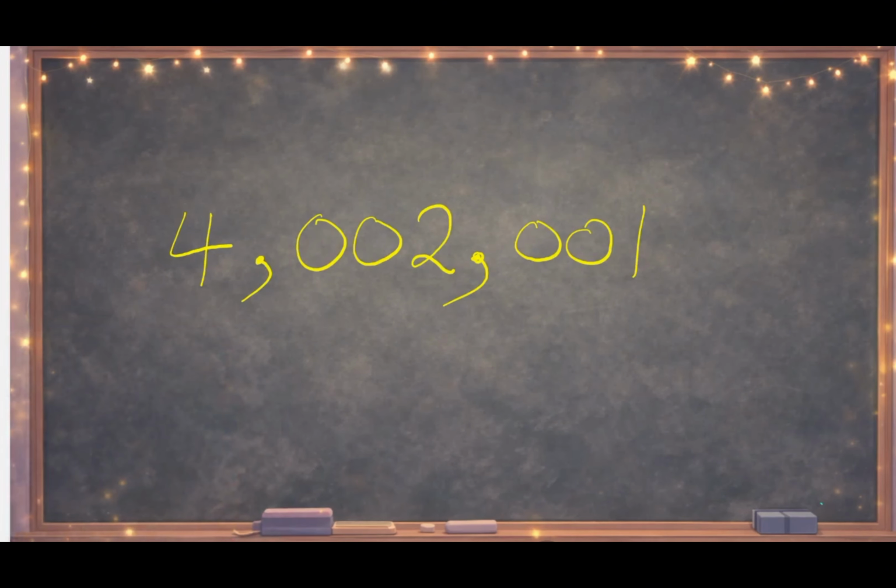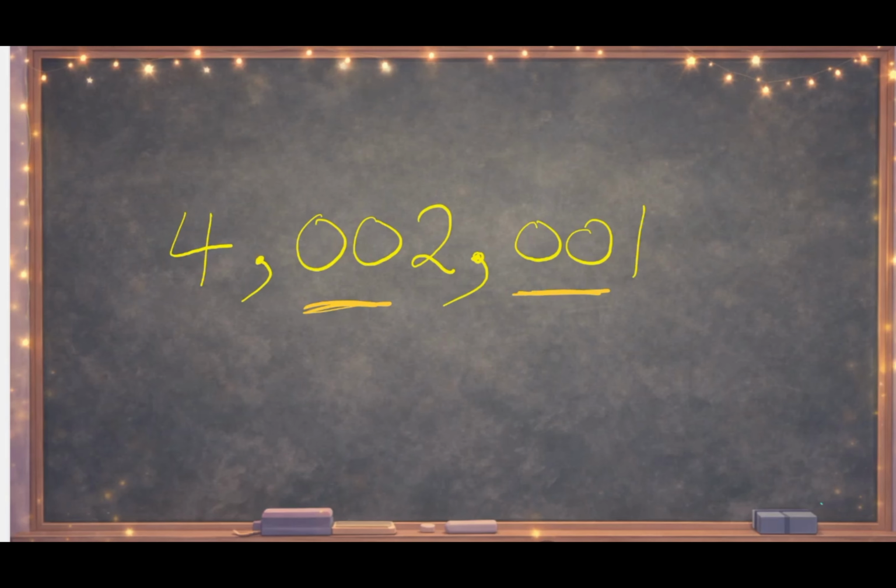Let's have a look at another number. Please pause the video and try to read this interesting looking number. Okay, let's go through it. Remember I said when there is a 0 in between the number, we say and often, but in this case we have 2 sets of zeros that are in between the number, and it's going to sound awkward if we keep on saying and.